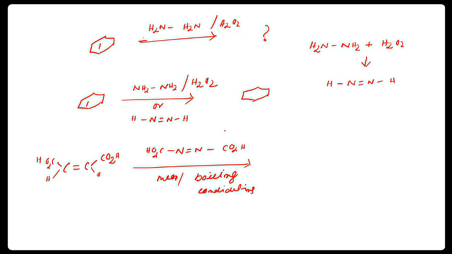What happens if you treat these compounds under heating or boiling conditions? It produces diimide. So no need to worry about these things, no need to be afraid either. This is given. It means that you are allowing the reaction to proceed with diimide.